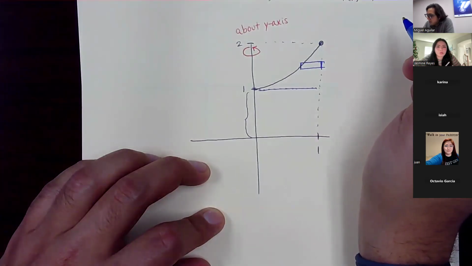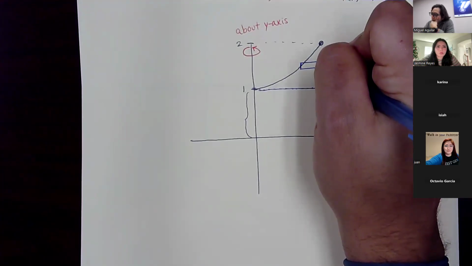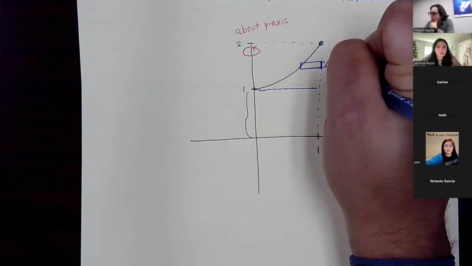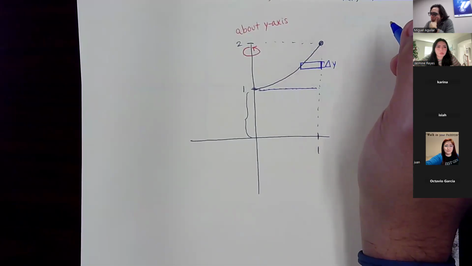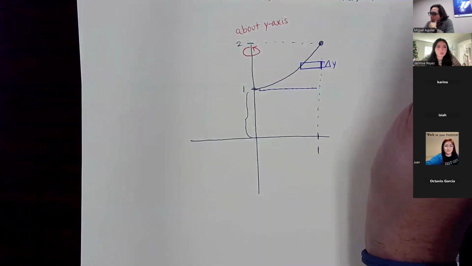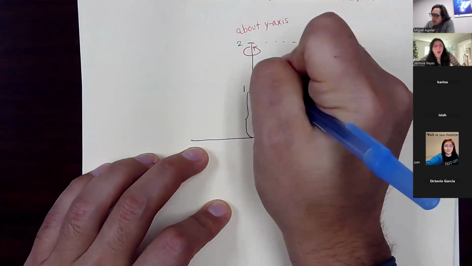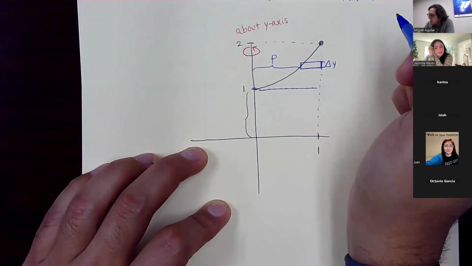What would the shell look like if I did something like this? Well, the width of the shell looks like it would be delta y because you're going in the vertical direction, right? So that would be if we were integrating with respect to y. And then the radius, since we're rotating around the y-axis, would be this distance here. So that radius p.